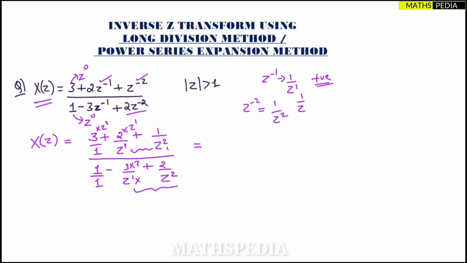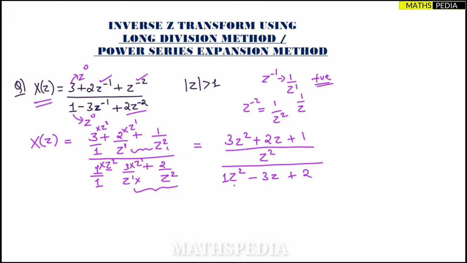Here you multiply z power 1, here you multiply z power 2, taking the LCM, that's it. So we get 3z power 2 plus 2z plus 1 divided by z square in the numerator part, and in the denominator part, if you want, you can write 1 minus 3z plus 2 whole thing divided by z square.